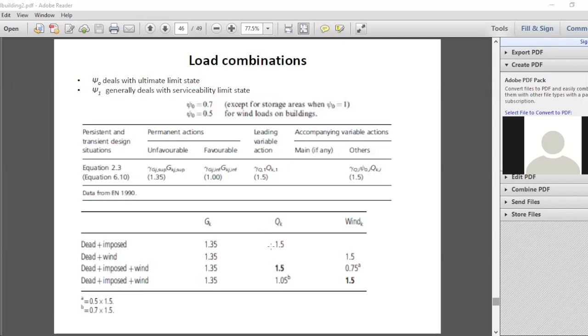So when you want to design a beam, what we do is we'll go for 1.35 GK plus 1.5 QK. We'll use something like this.